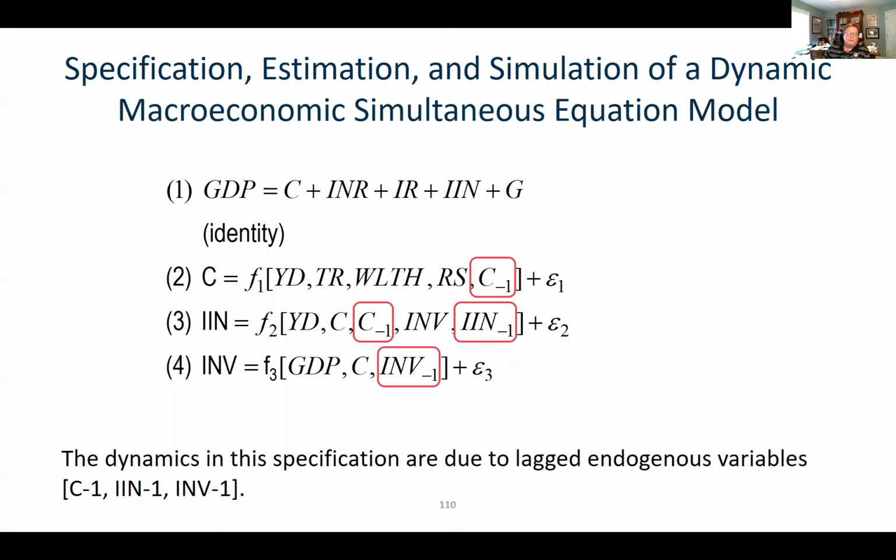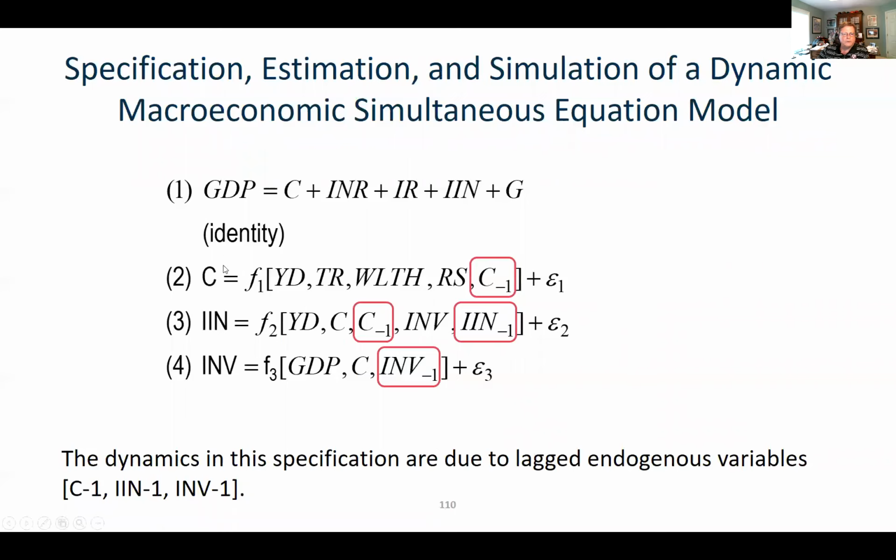Now, to finalize this lengthy lecture, here's a good example that came out of Pindyck and Rubinfeld, and I've also provided the data for it. Notice there's 4 equations, 4 endogenous variables: GDP, consumption, IIN, INV.